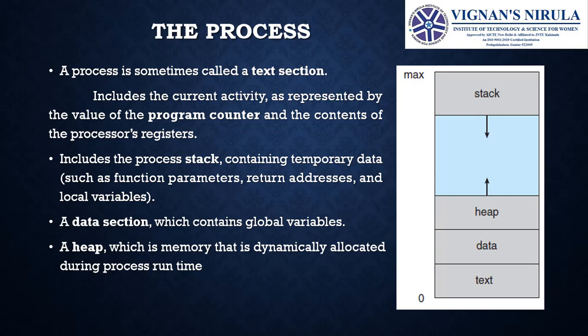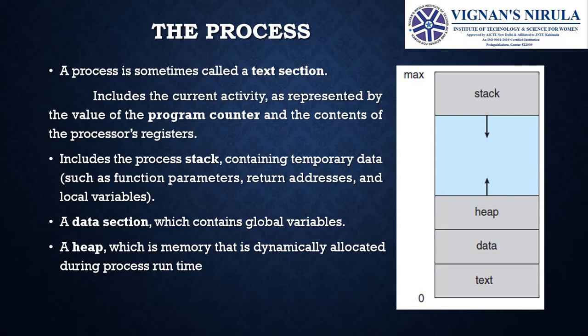Say, for example, if you have written a function and that function uses two variables for execution, as soon as the function execution is completed, the data of those local variables will be erased from the stack area, so that the total space occupied by the stack area will be reduced.